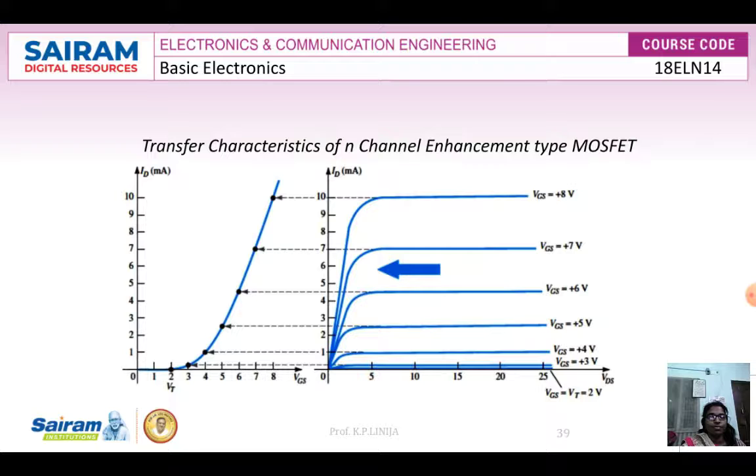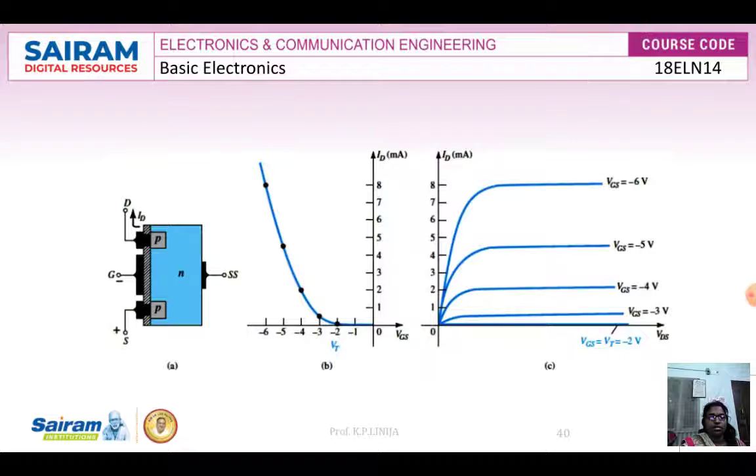The same applies to the P-type enhancement mode MOSFET. I hope everybody understood this NMOS. Followed by that is the P-type. Here the construction is exactly the same, only reversed, the opposite of the N-channel enhancement type.